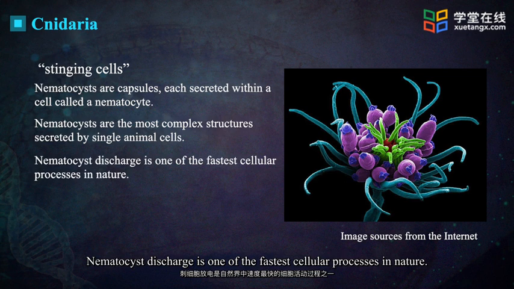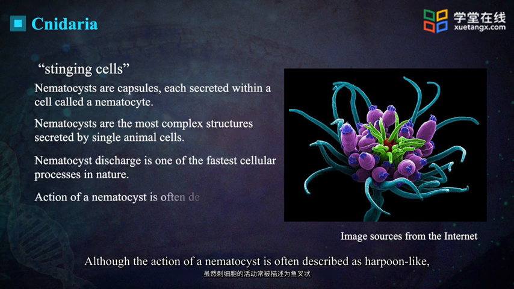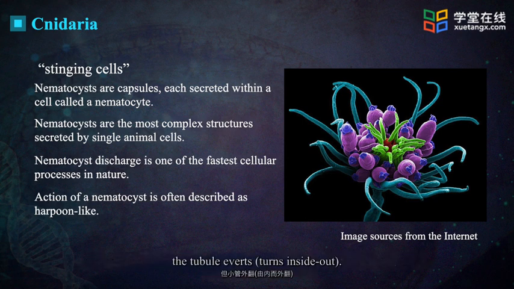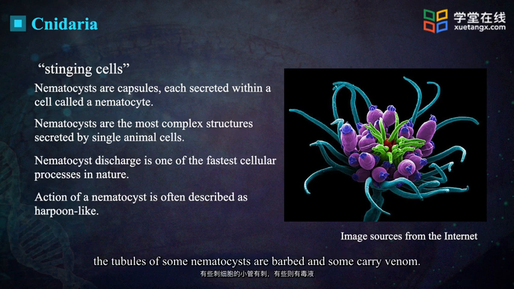Nematocyte discharge is one of the fastest cellular processes in nature. Although the action of nematocytes is often described as harpoon-like, the tubule everts, and it may penetrate or wrap around an object. The tubules of some nematocysts are barbed and some carry venom.